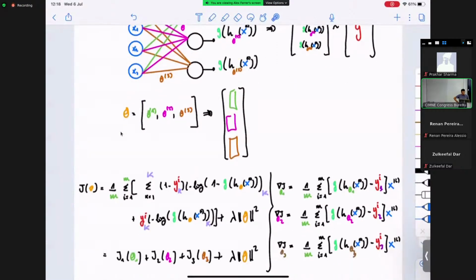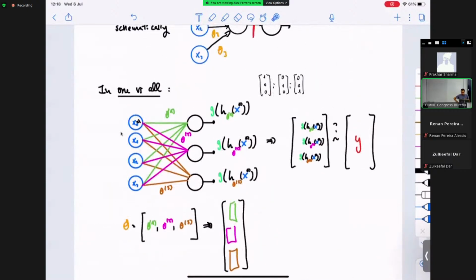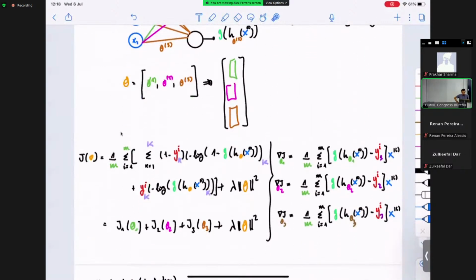What is the cost function? J of theta is the cost, but now for each k you add another index, which is the index of the class. So y is not a scalar anymore, it's a vector. Now we have the addition of all these terms, for each k. I put theta in this color, but you have theta in all the other colors.